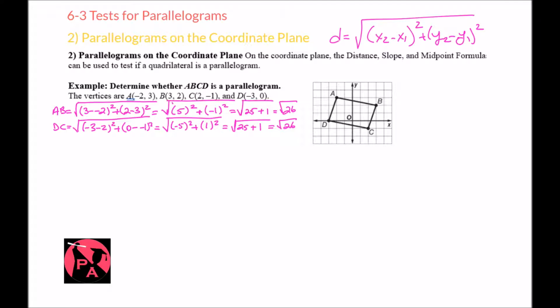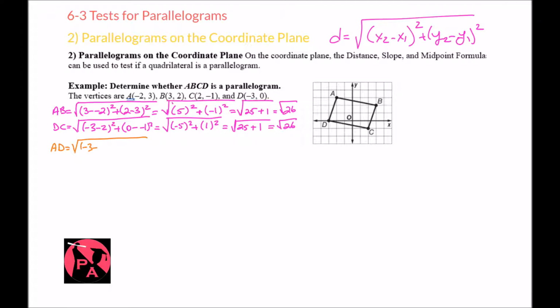Now we are going to move on to the other pair of opposite sides, side AD and side BC. So let's find the measure of side AD. It looks shorter. It must be less than radical 26. So A is right here, x1, y1, x2, y2. So let's go ahead and subtract the x values.